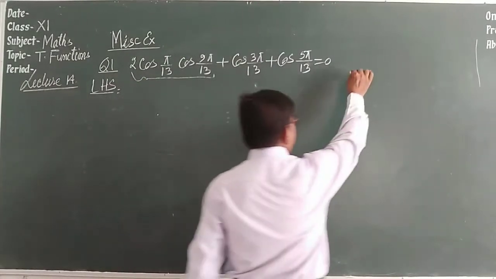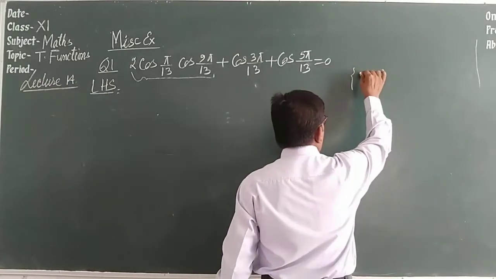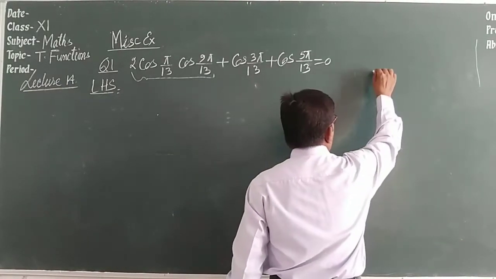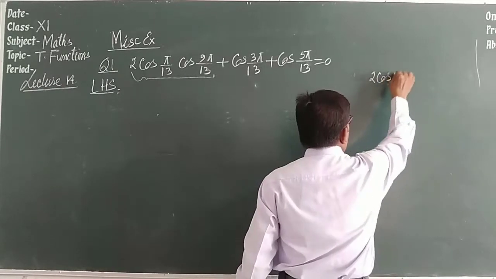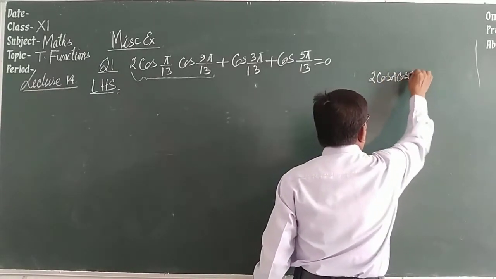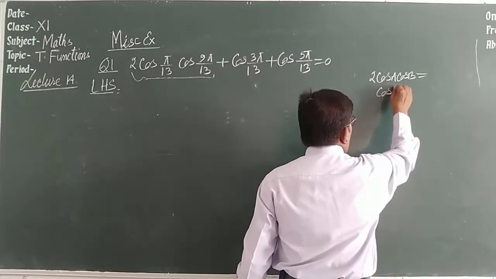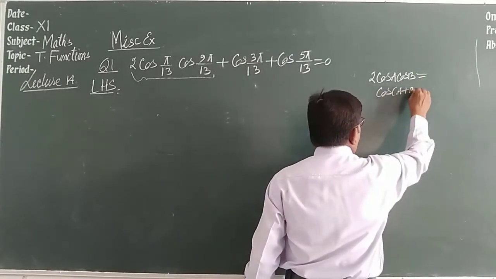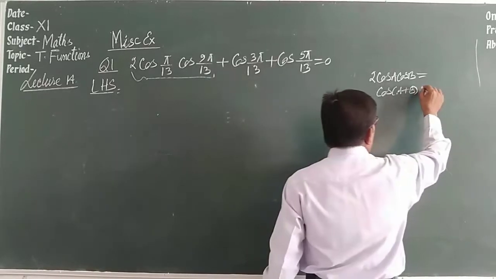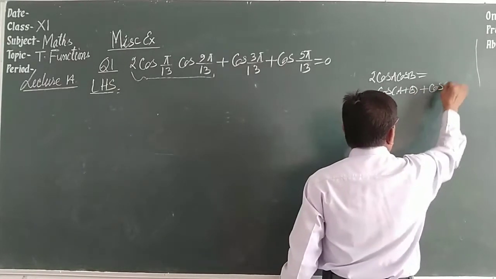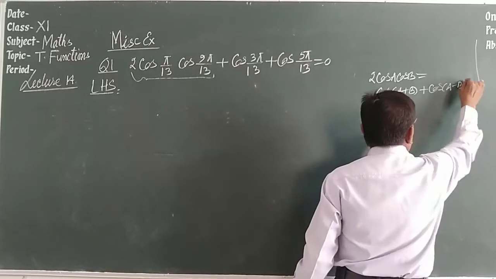I am writing here: 2 cos A cos B is equal to, I think you remember, cos(A plus B) plus cos(A minus B).